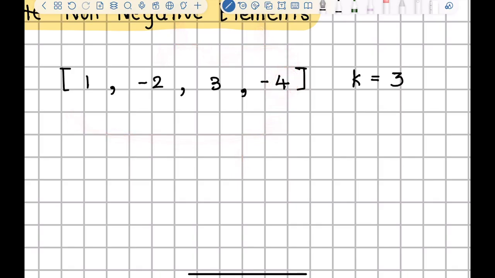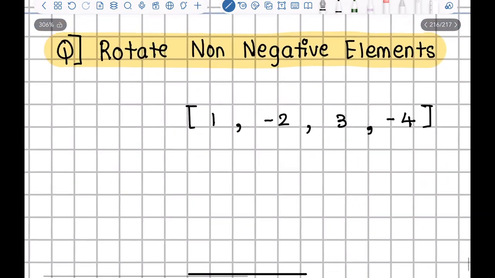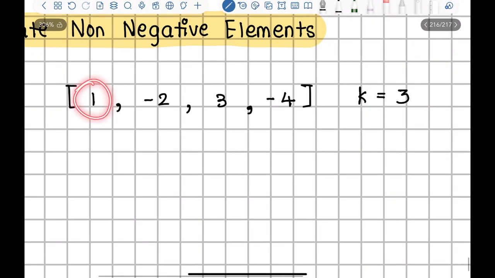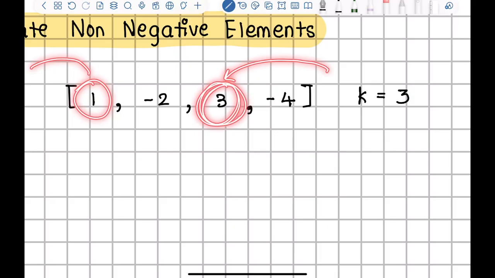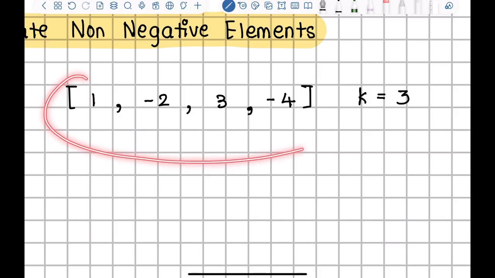So ideally my 1 should have come here, but since they've told me to keep all negative elements in place, do not move them, my 1 goes to the left and directly lands on the place where the next non-negative element was. That is 3.